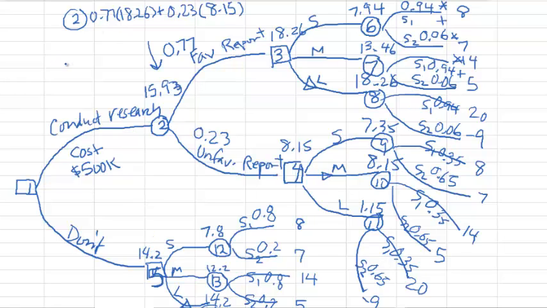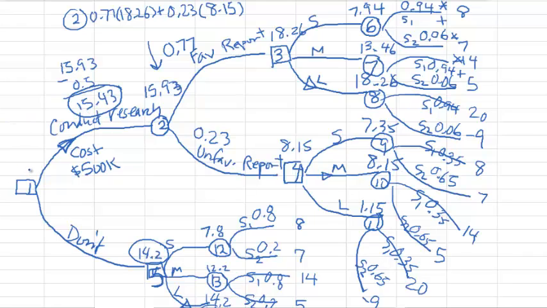So the net here is 15.93 minus 500,000, which means 0.5 million, giving us 15.43 million. So we compare 15.43 against 14.2. Even after subtracting the cost, conducting research gives us a higher value. So we want to go this way.